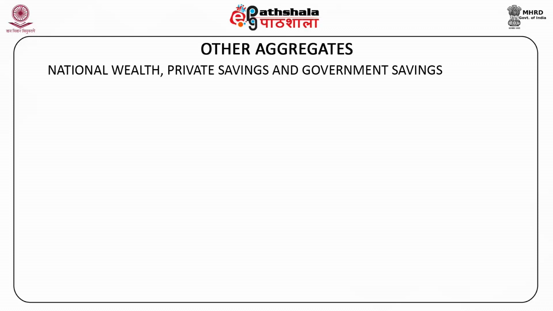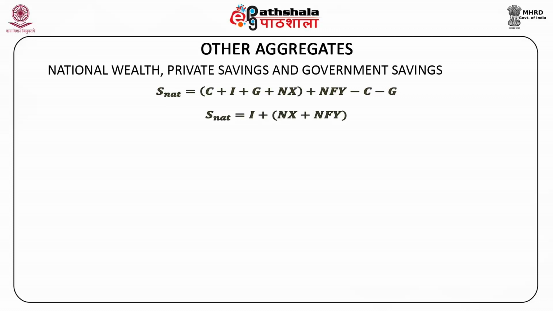This gives us national savings is equal to C plus I plus G plus NX plus NFY minus C minus G, that is I plus NX plus NFY. The terms in the brackets in the above equation is the current account balance, which is the sum of net exports and net factor income from abroad. So we can say that national savings is equal to investment plus current account balance.